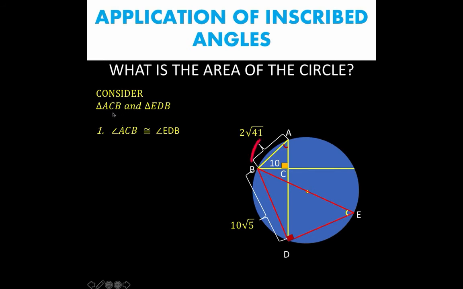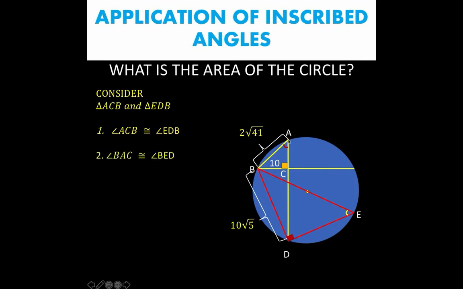So let's summarize what we know now. Consider triangle ACB and triangle EDB. We know that angle ACB is congruent to angle EDB because all right angles are congruent. Angle ACB is a right angle. Angle EDB is also a right angle.